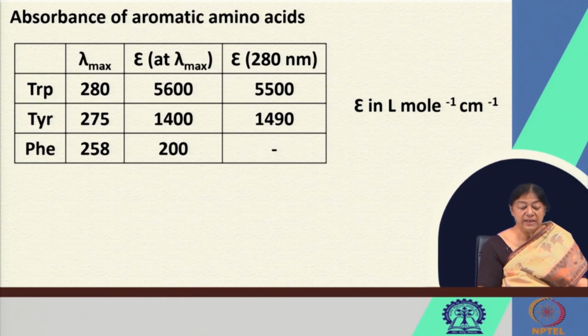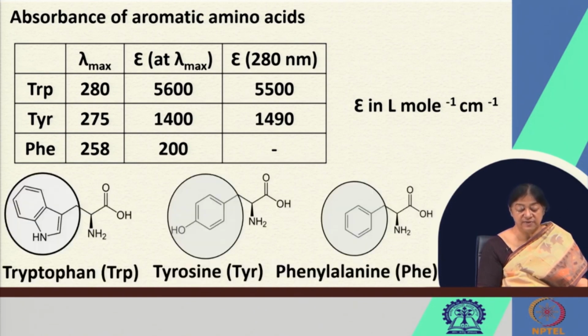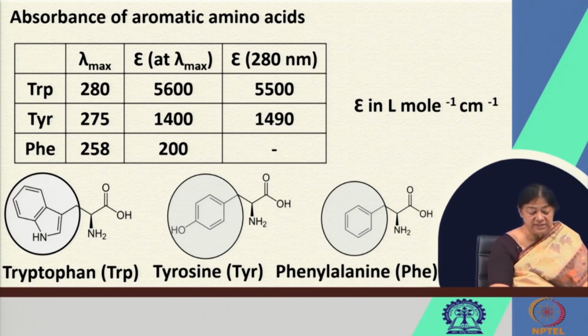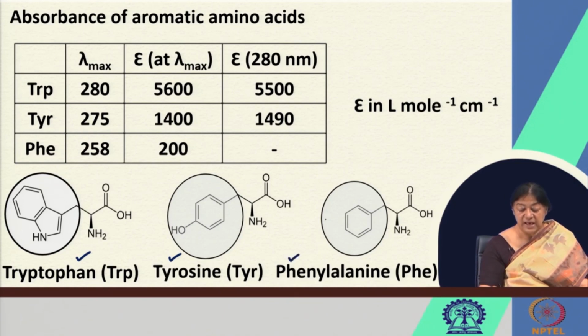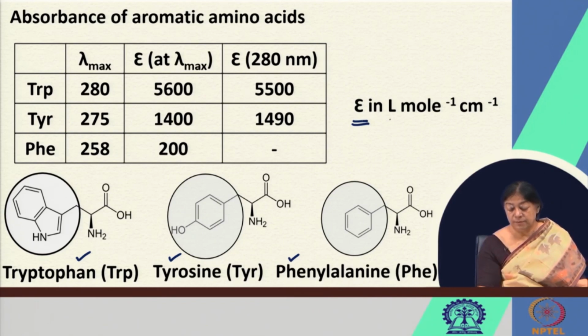So, if we look at the absorbance of the aromatic amino acids, we look at what is called an extinction coefficient that gives us a measure of the capability of the particular moiety or chromophore to absorb light. Now, when we look at the extinction values here, we know that these are the side chains of tryptophan, tyrosine and phenylalanine, and this extinction value is given in units of liter per mole per centimeter.